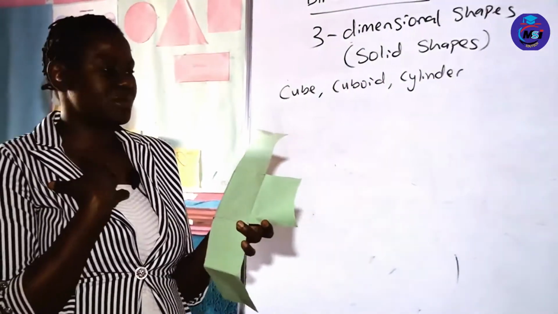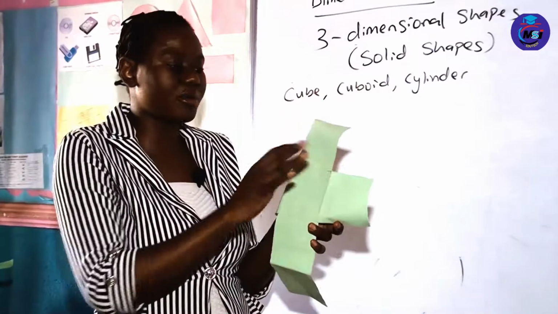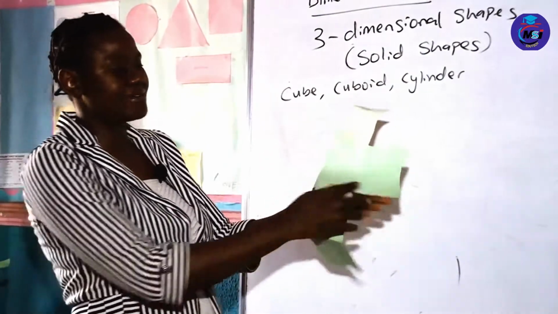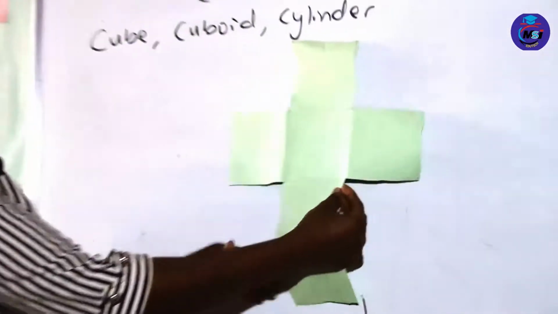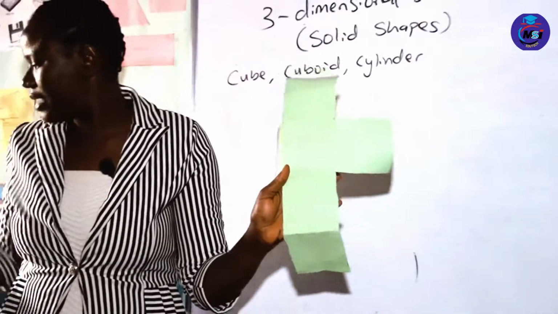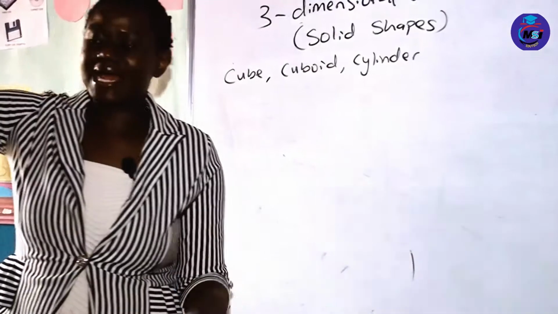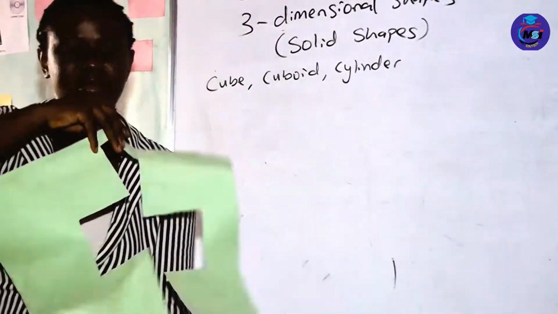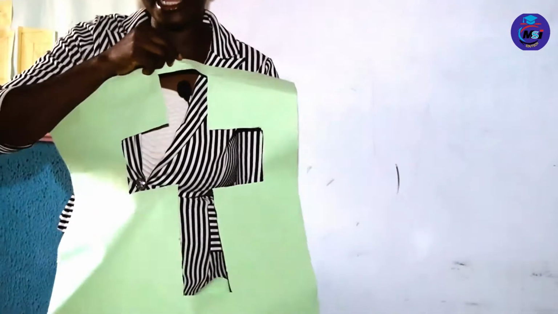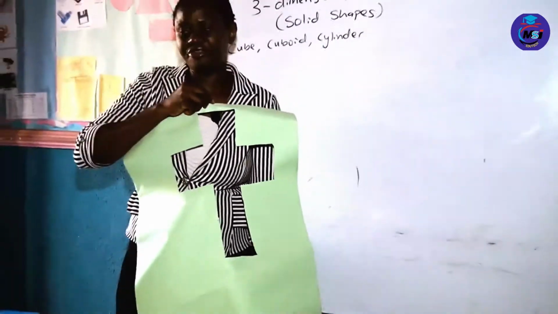I chose 10 centimeter, so I measure 10 centimeter all through, and then I have something like this cut out from a cardboard paper. So by the time I cut out this from the cardboard paper, what I had left is this. I've cut out the net shape of a cube from this.